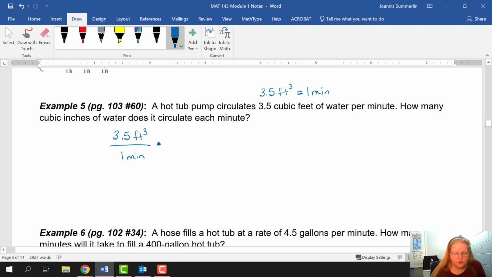So I got to change it from cubic feet to cubic inches. What do we know about feet and inches? We said that 1 foot is 12 inches. But I can't do it just 1 time. I got to do it 3 times.